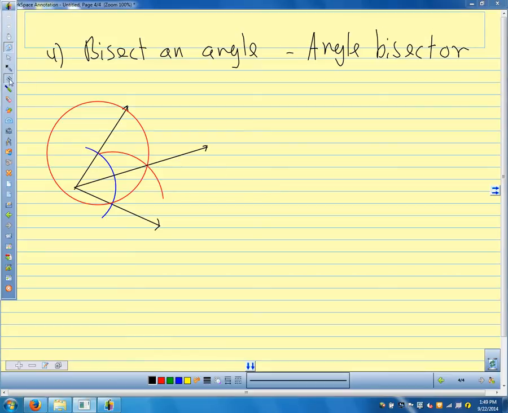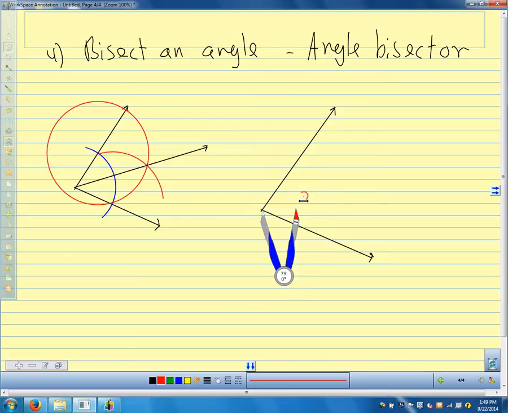Alright, so let's look at that one again. We want to bisect this angle. Alright guys. Set your compass on the vertex. We're going to make any arc through the angle. Doesn't matter.